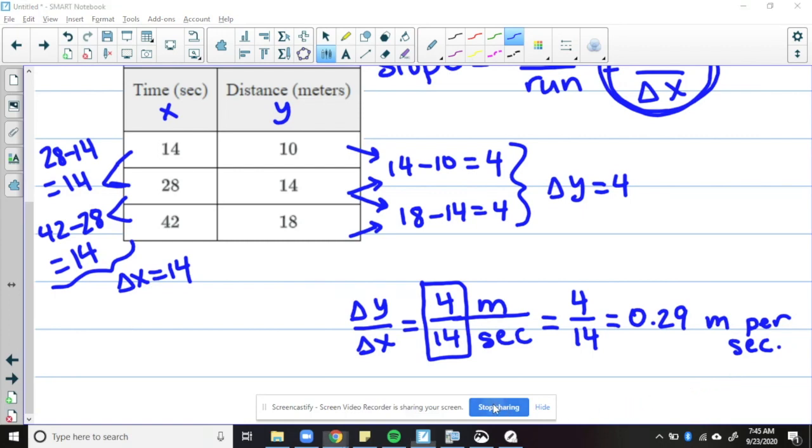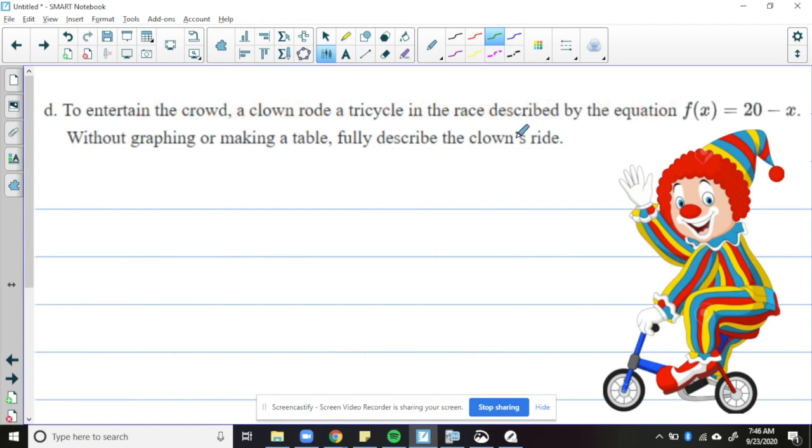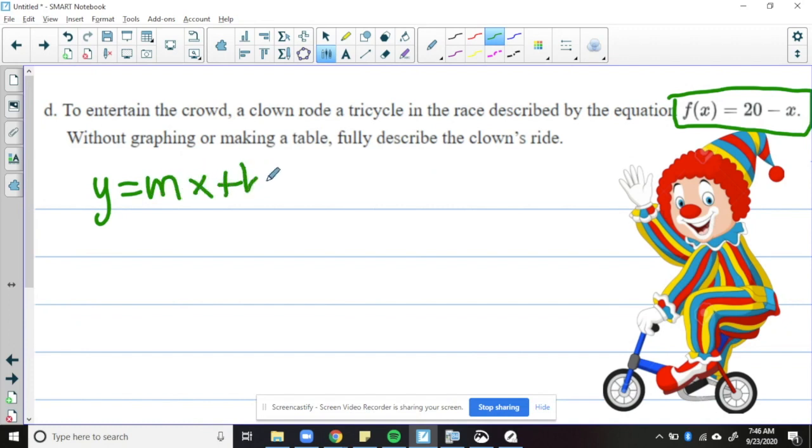All right, to entertain the crowd, a clown rode this tricycle for this equation. Without graphing or making a table, describe the clown's ride. We know y equals mx plus b is our normal equation. Now y is very similar to f of x. There are just two different ways to name your equation.